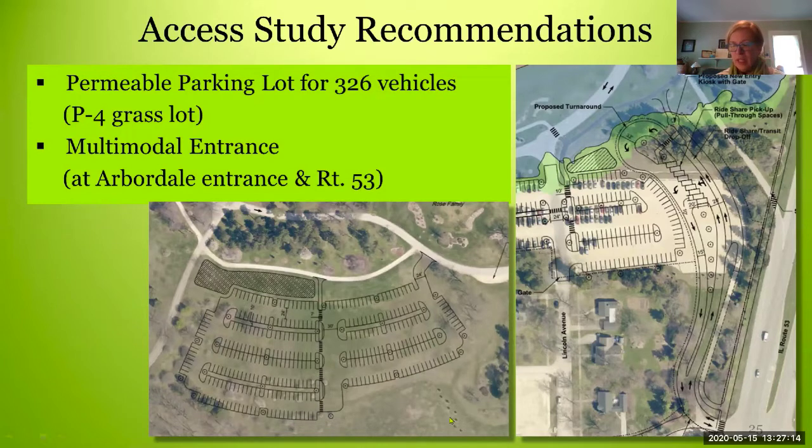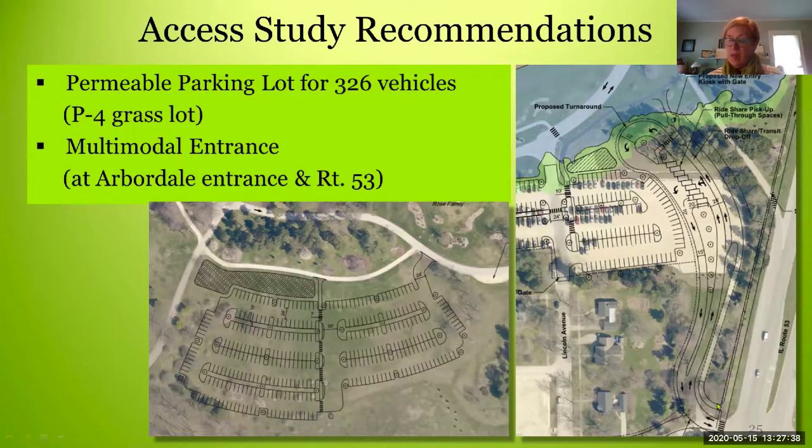So this would be looking at changing the Arbordale entrance into a multimodal entrance, mainly for a bus drop-off or a trolley drop-off from the train station. Here, looking at rideshare, spots for people to park to drop off or to park and wait and pick someone up. Looking at bicycle access and pedestrian access.